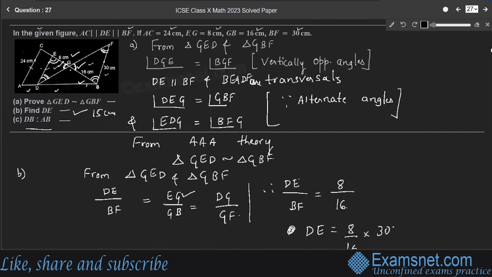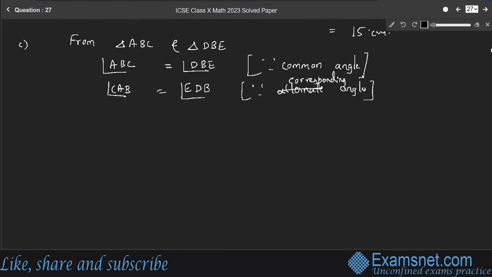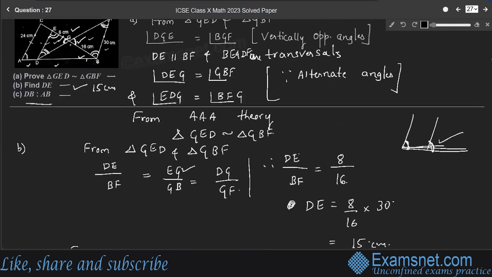These two angles are corresponding angles, because AC is parallel to DE. When two lines are parallel, and a line touches the two parallel lines, the angle formed by this line is equal to another angle formed by the same line. These two angles are called corresponding angles. So therefore, these two angles are equal, and also the remaining set, ACB is equal to DEB.